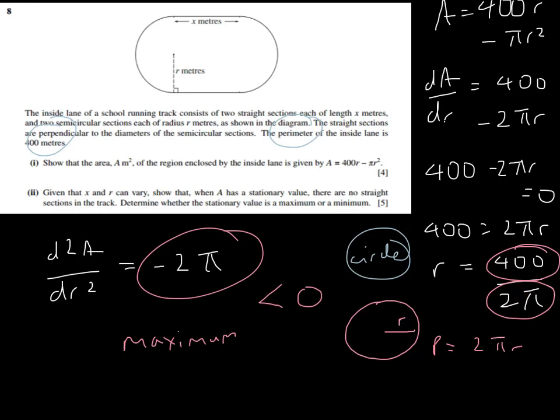And I finally worked out what they did. All they've done is gone back to the original equation we had before, which was x equals 200 minus pi r. So when you substitute this whole shebang into there and simplify it, you get x equals 0, which shows that there's no straight edges.